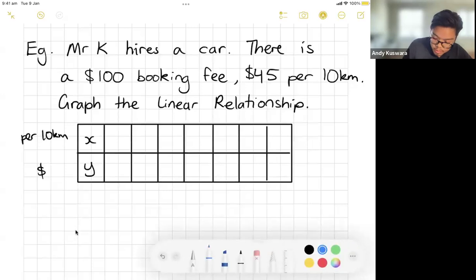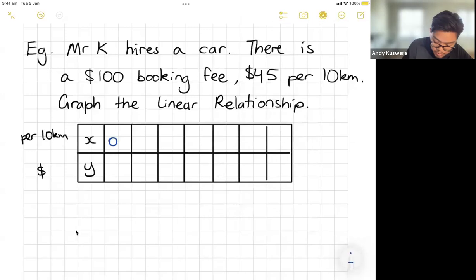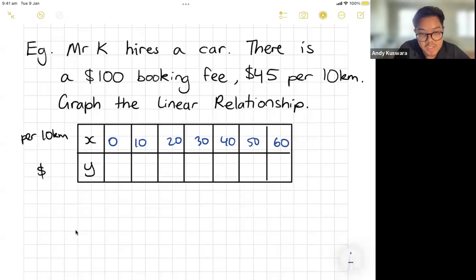So again, real quick, if I was to fill this out, I'm going to go 0, 10, 20, 30, 40, 50, 60. I get to choose the X values because it's the variable that I change. Now for here, even if I don't go any kilometers, I will have to pay my $100 booking fee. From here on out, it's another $45 per 10 kilometers.